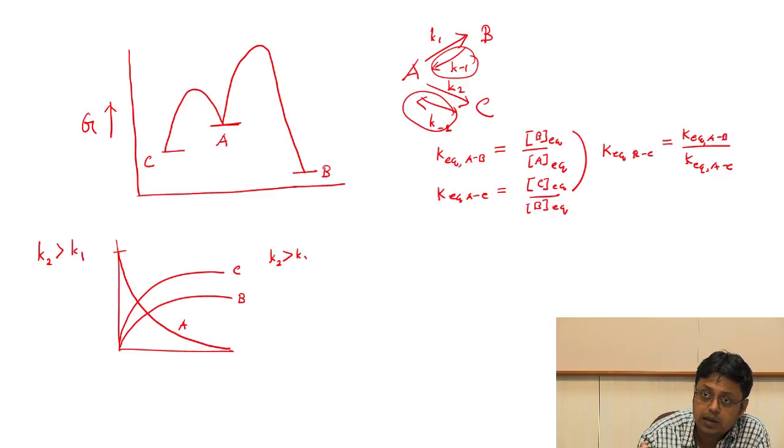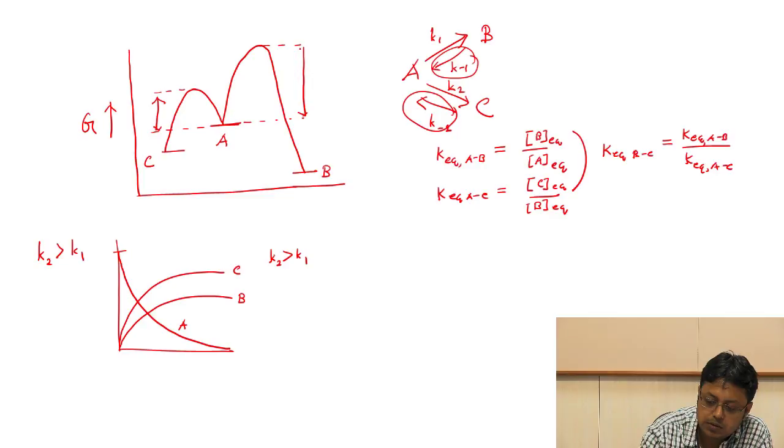Now what is K2 and K1? In the Arrhenius picture, K2 is related to the associated activation energy for this path, and K1 is the associated activation energy for this path.